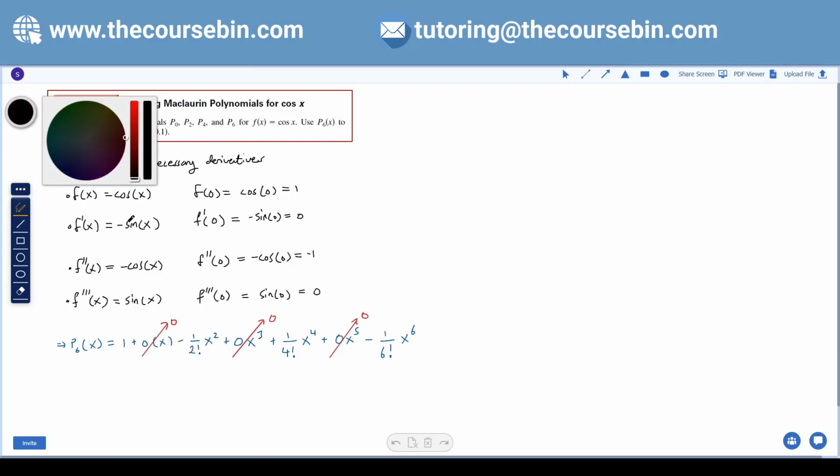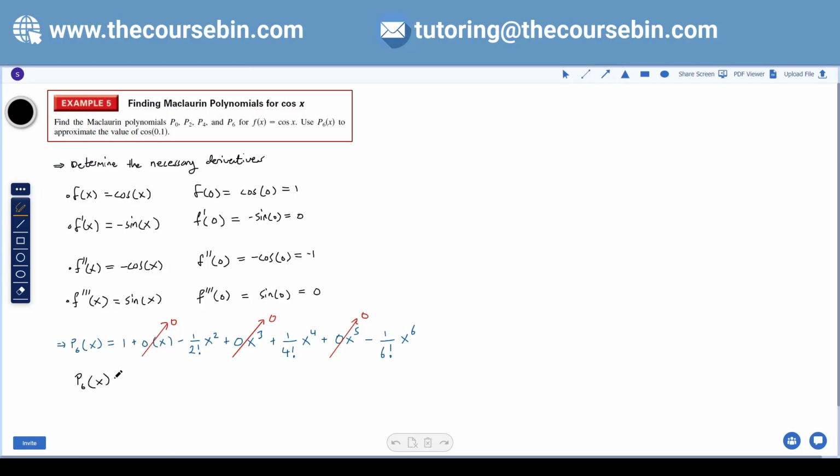All right, so that means our P6 of x can just be written as 1 minus 1 over 2 factorial x squared plus 1 over 4 factorial x to the power of 4 minus 1 over 6 factorial x to the power of 6.